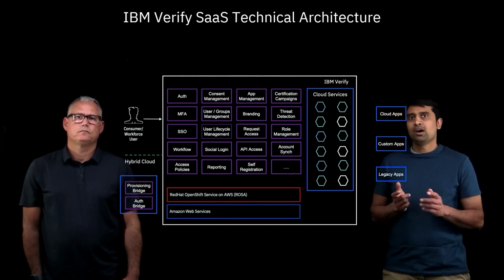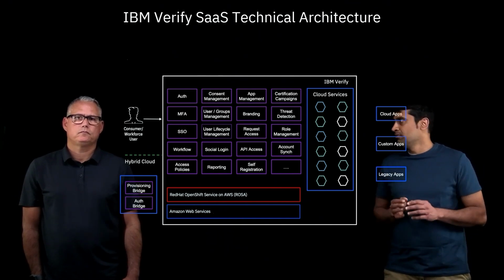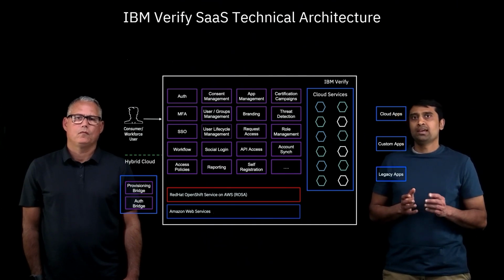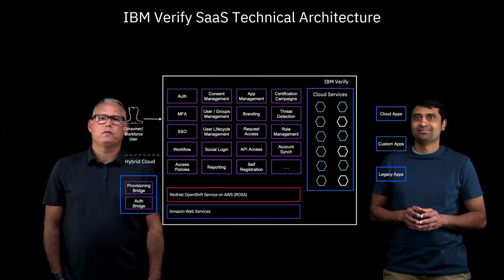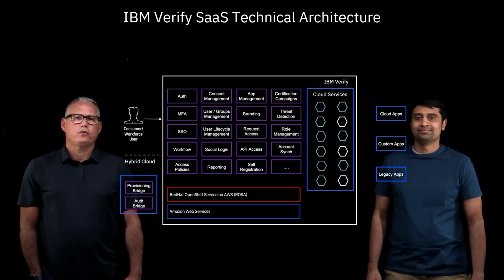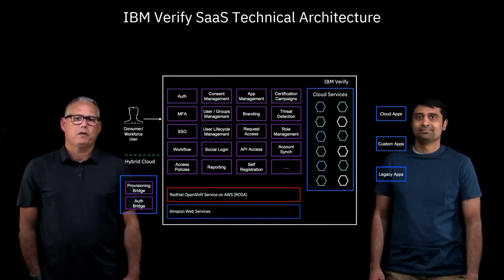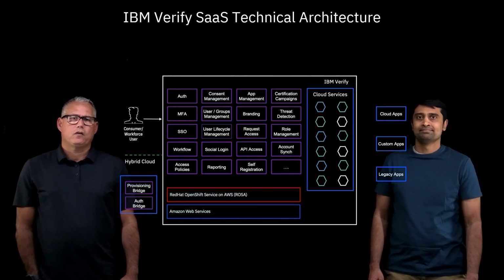Great, Jose. So now, can we take a deeper dive into the technical architecture? Can you walk me through what we are looking at here? Yeah, absolutely. This is a logical view of a Verify SaaS deployment leveraging AWS. IBM Verify is a collection of services that implement specific functions on the IAM space.